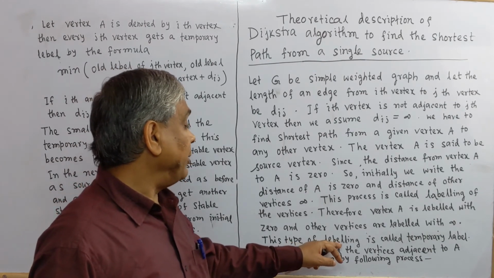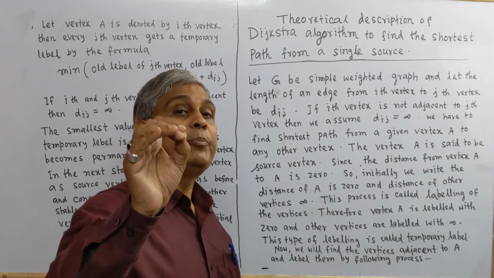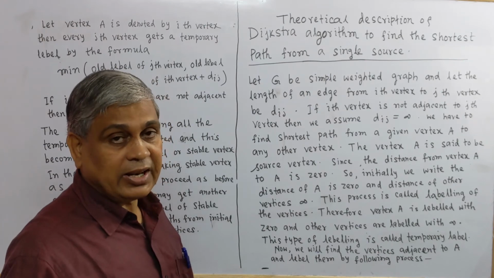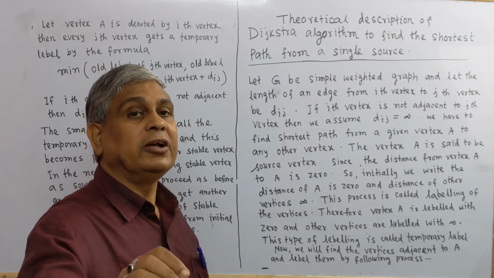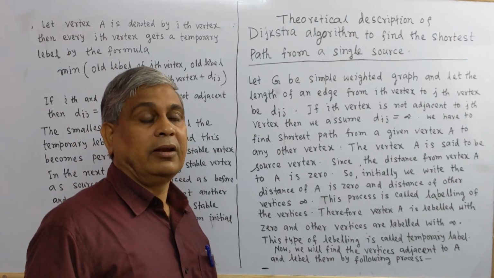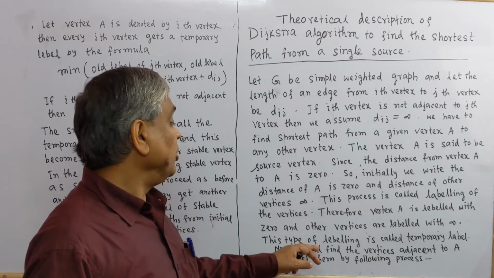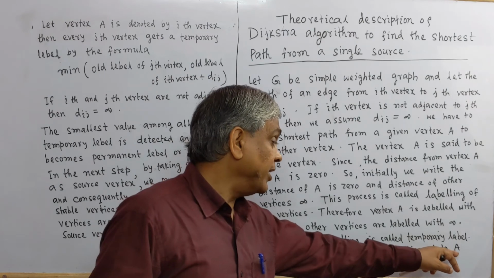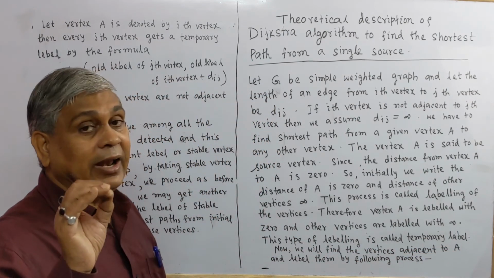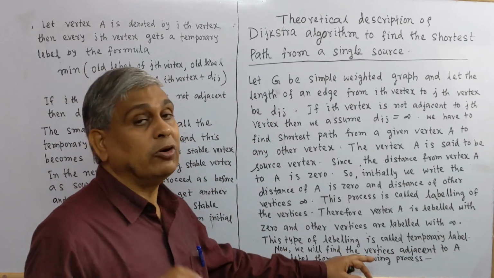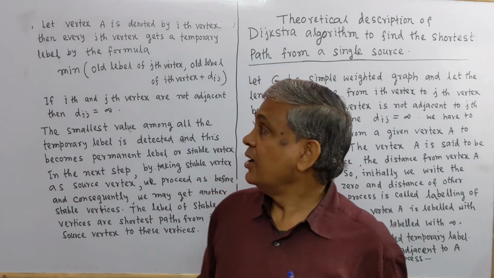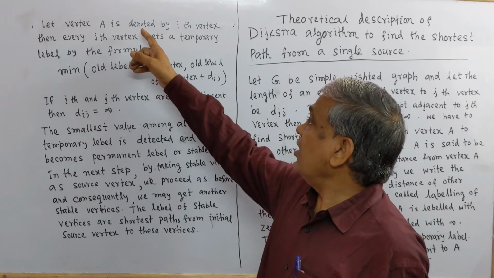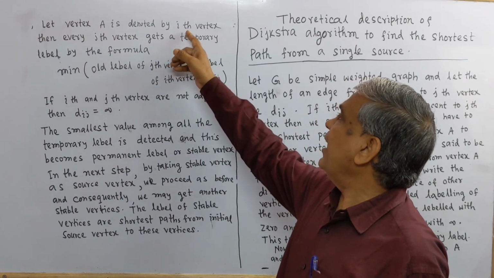This type of leveling is called temporary level. Now we will find the vertices adjacent to vertex A and label them by the following process. Let vertex A be denoted by the ith vertex.